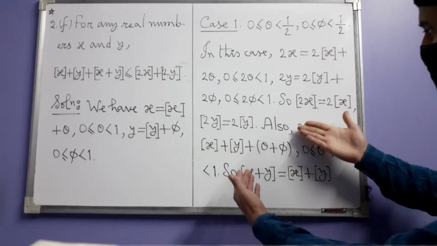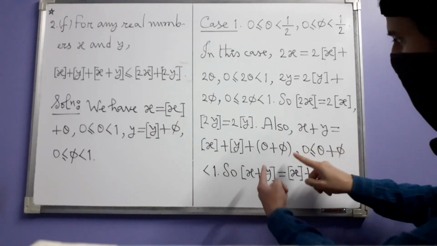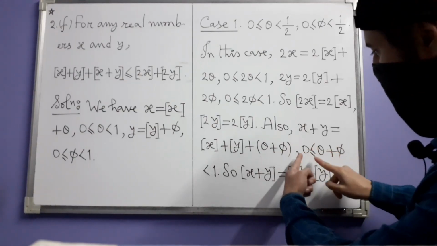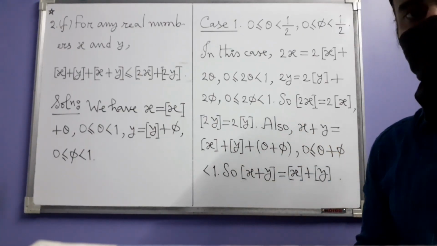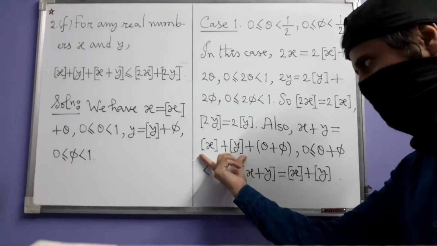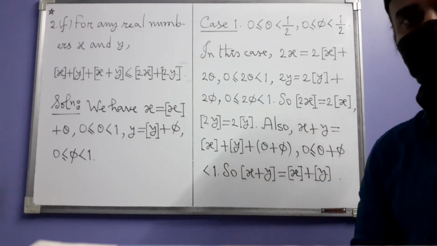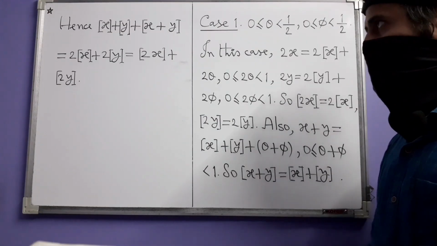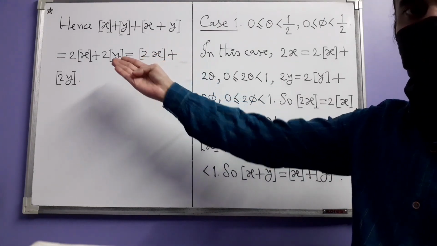So again you look at this equation, and this part is greater than or equal to 0 and less than 1. And that tells us that the box value of x plus y is this, box x plus box y. And the consequence is this.